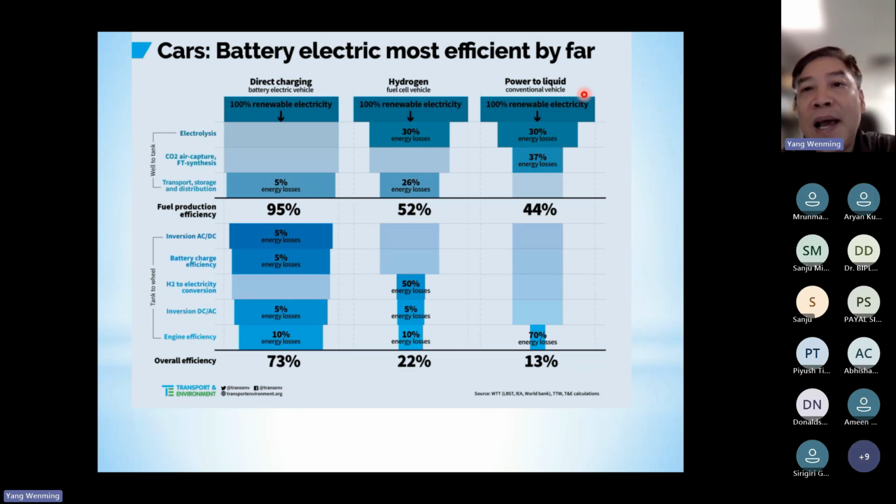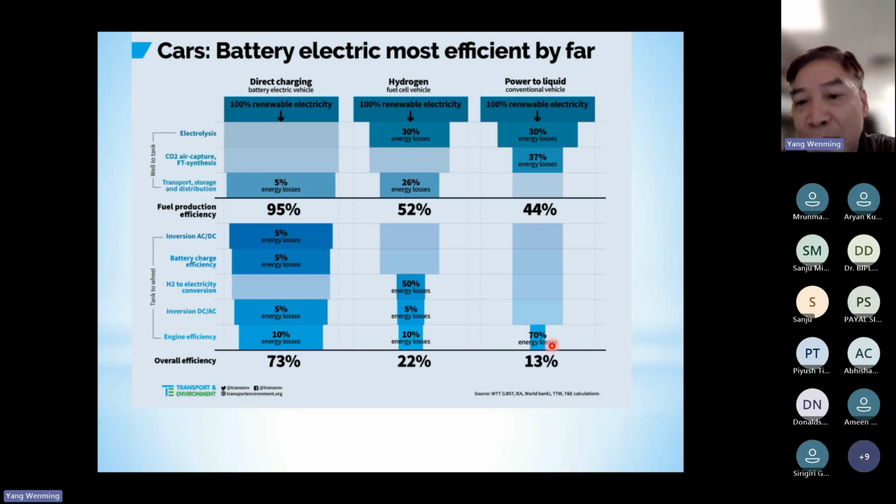The last one is SE engines. The fuel production efficiency is about 44%, and the engine efficiency is about 30%, so there is a 70% energy loss.